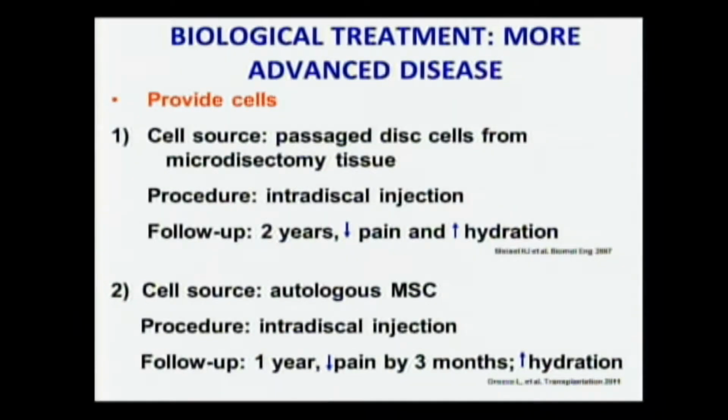Now, if we go on to the next stage of disc degeneration, that later stage when we've lost our matrix, now we're starting to lose cells. So the idea of stimulating cells by injecting a growth factor, for example, will probably not work. It's that group of individuals who might benefit more from an injection of cells into the disc.